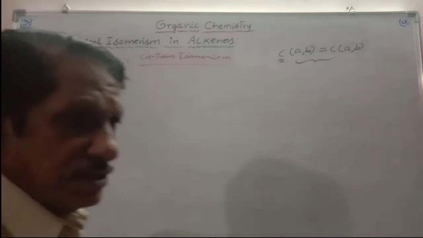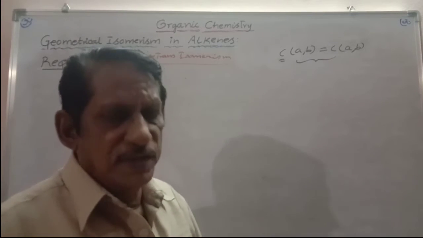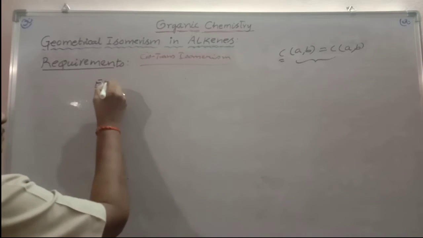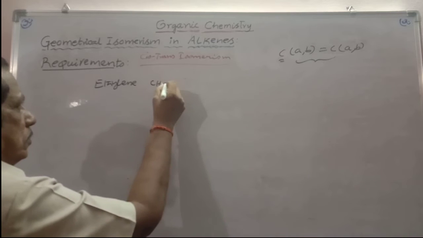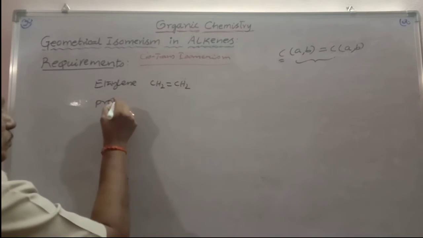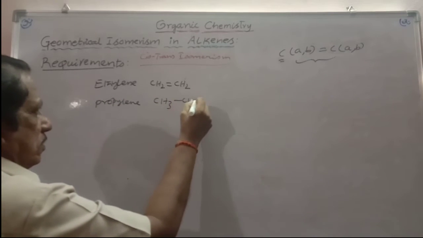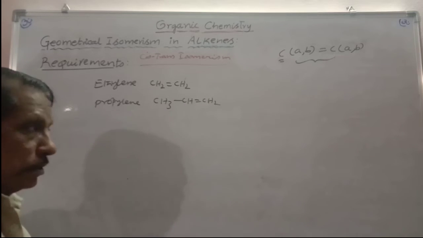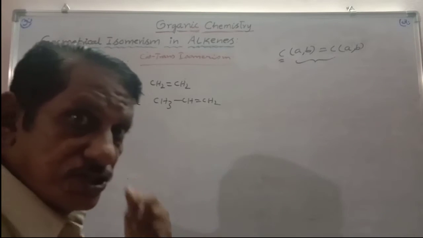Now let us consider examples. In the case of alkenes, first compound is ethylene, CH2 double bond CH2. Second compound is propene or propylene, CH3, CH, double bond CH2. Out of these two, which can exhibit geometrical isomerism?